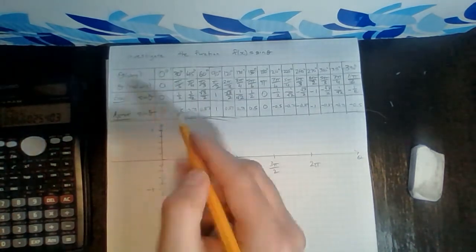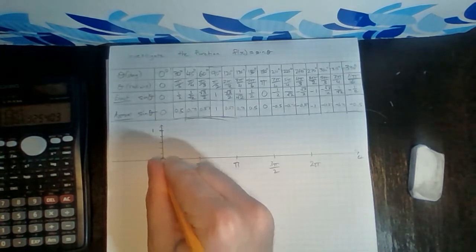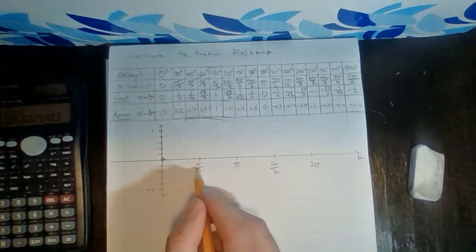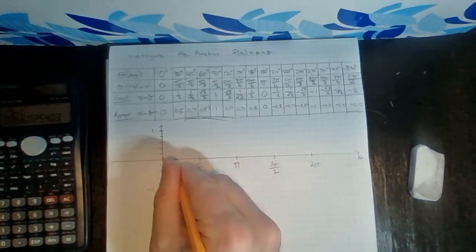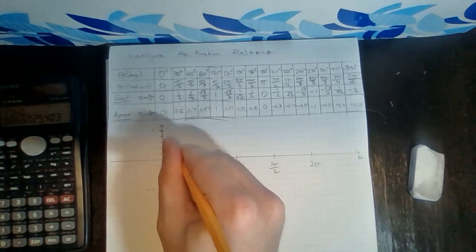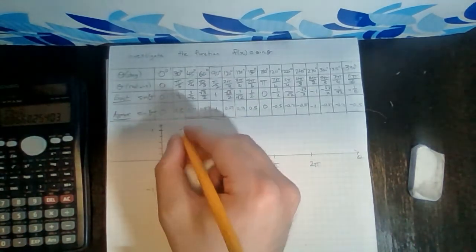At 0 radians, our function's at 0. Pi over 6 would be here. 1 over 2, so 0.5. Each of these tick marks is 0.2, so we'll be up here. 0.7 at pi over 4.